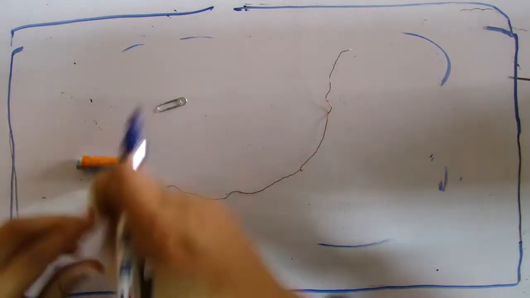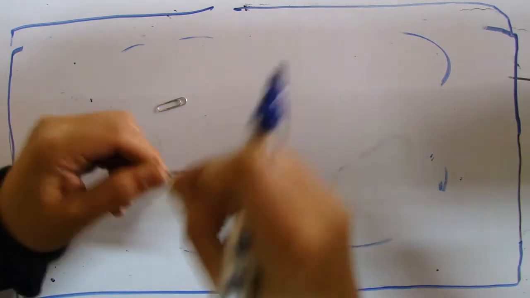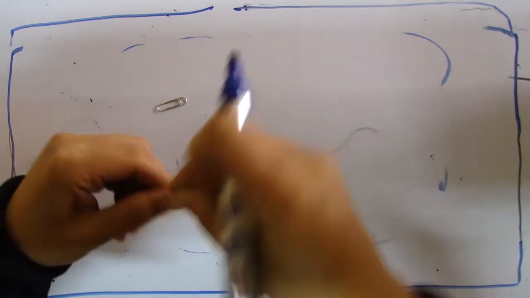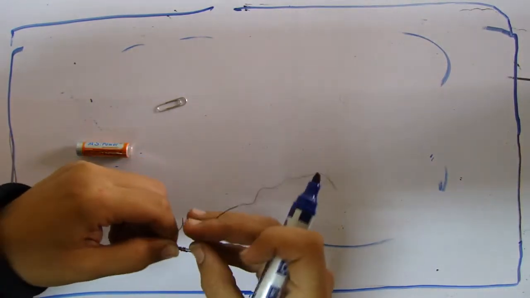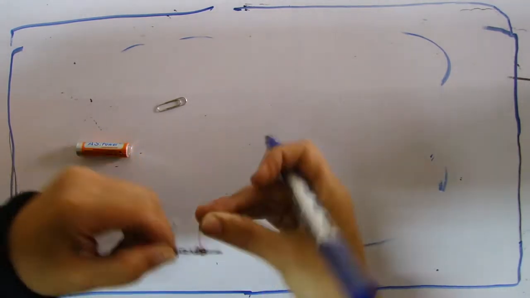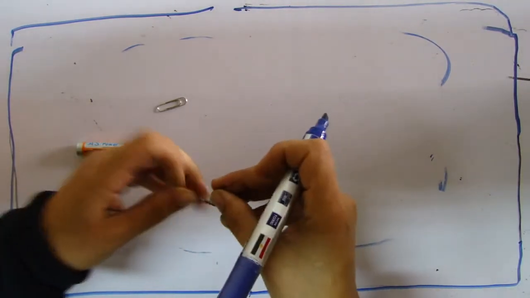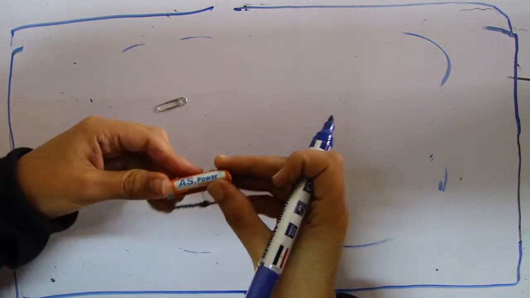Now, we're going to wrap the wire around the iron nail, like this. And the two sides of the wire will be attached to the battery.